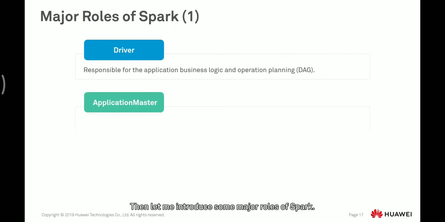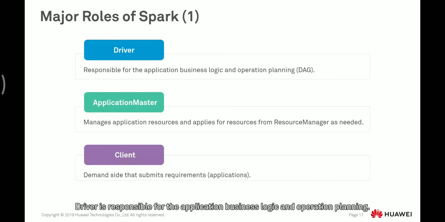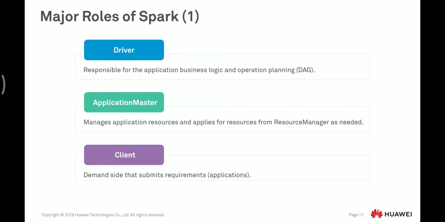Then let me introduce some major roles of Spark. Driver is responsible for the application business logic and operation planning. Application Master is used to manage application resources and applies for resources based on applications. Client is used to submit applications.